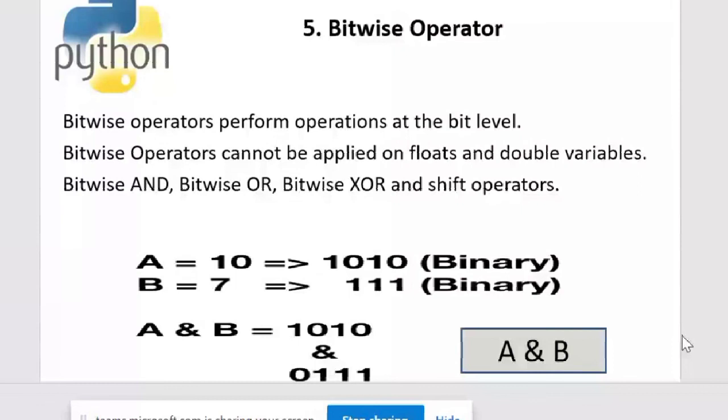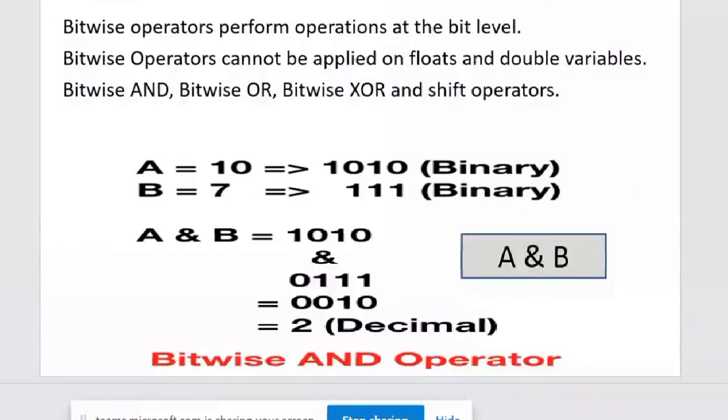Okay, so whatever value you give is converted into the binary value inside. There is no need for a user to convert the numbers.